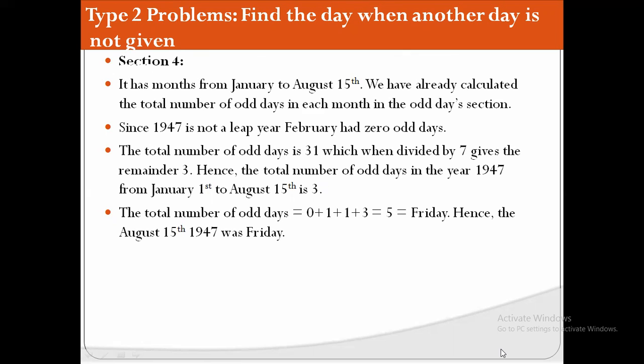See, suppose I want to know what day it will be on 2010 March 2nd. See how easy it is for me. First of all, 2000 years plus 10 years, that is from 2001 to 2010.